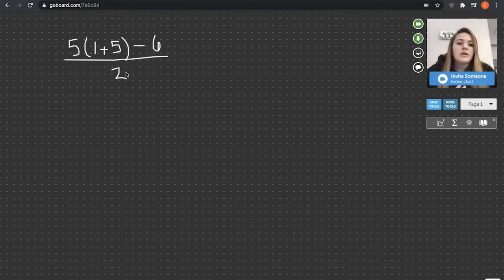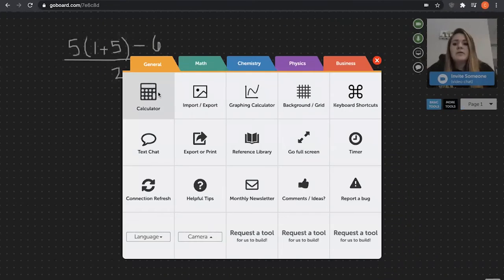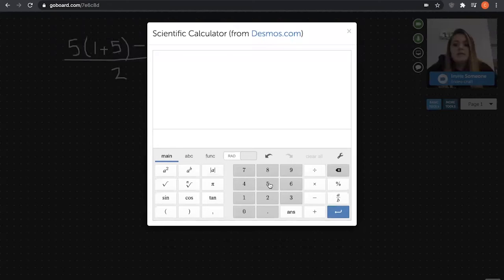What I've noticed is that anytime you're doing any function, whether that's multiplication, division, subtraction, every function other than addition, you need to add parentheses. What I mean by that is, when putting this into the calculator, we're not able to just put in 5, parentheses, 1 plus 5, parentheses.